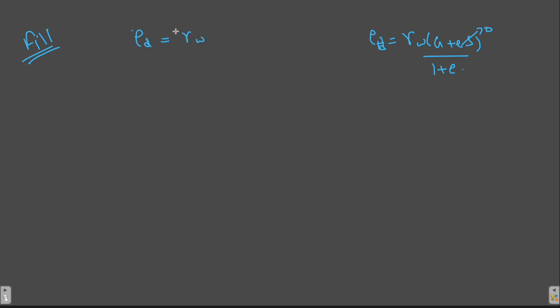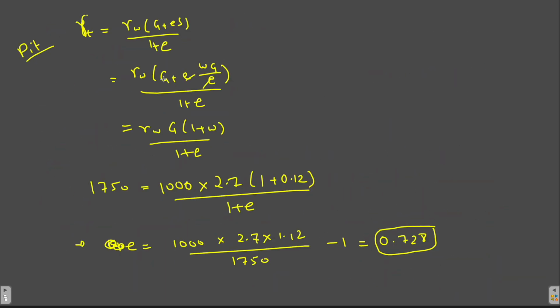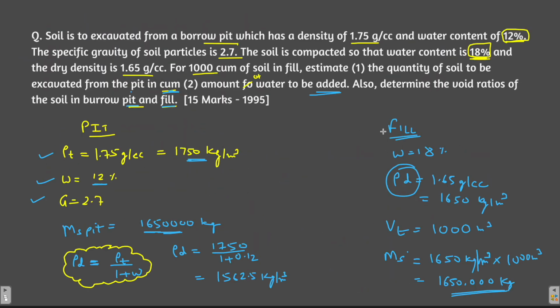Gamma D is equals to rho W G by 1 plus E. From this relationship, you will be finding out the value of E. So gamma D is how much? It is 1650 kg per meter cube. Okay, or let's take 1.65 gram per cc this time.